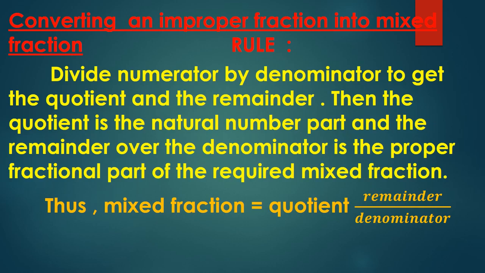Then the quotient is the natural number part, and the remainder over the denominator is the proper fractional part of the required fraction. So the mixed fraction equals the quotient as a natural number, and then remainder over denominator. In this way we can make a mixed fraction.